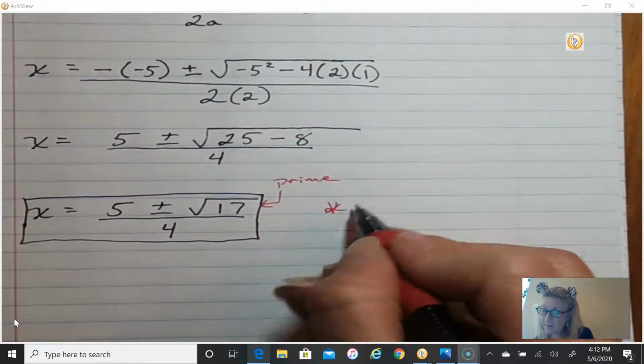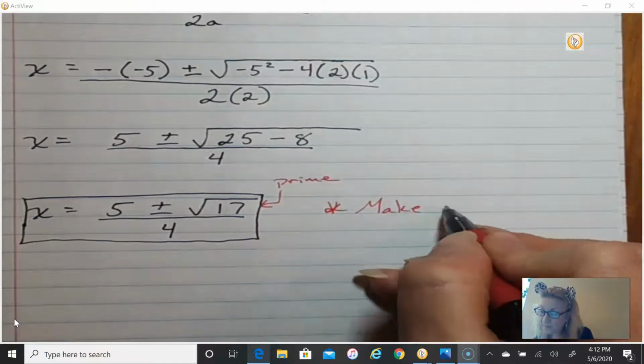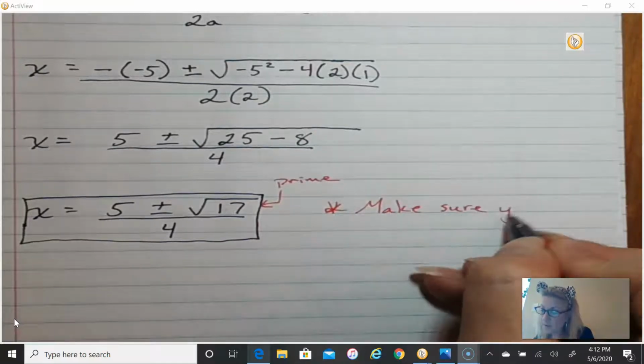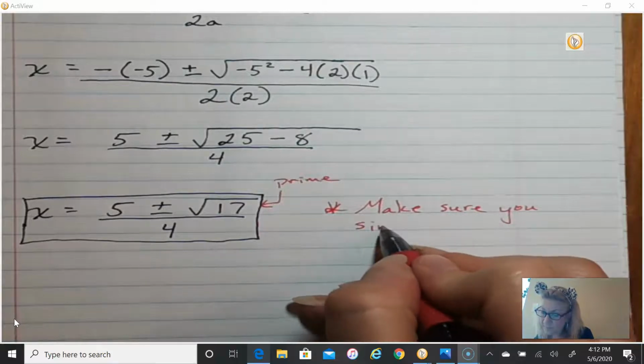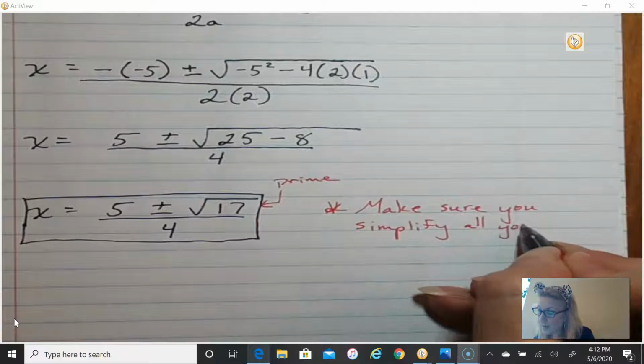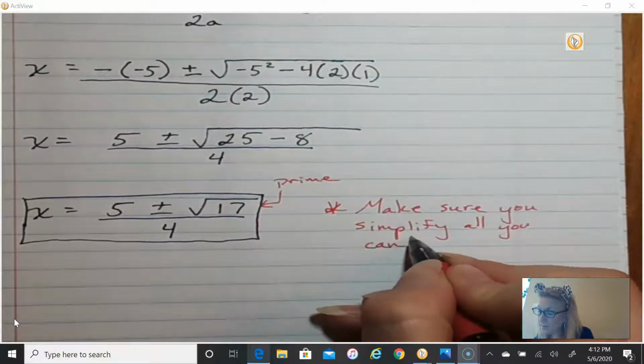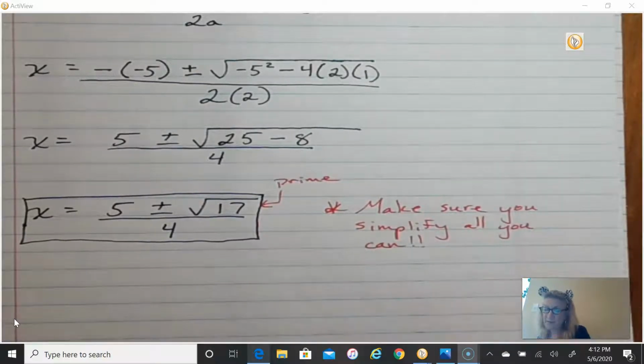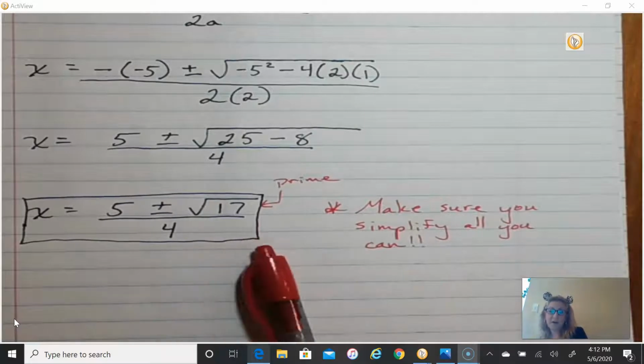You make sure you simplify all you can. Okay? Make sure you can simplify all you can.